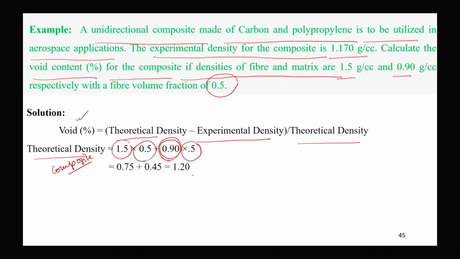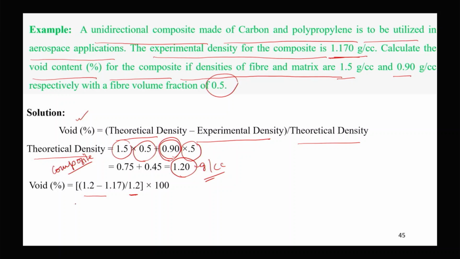The theoretical density of composite comes out to be 1.20. But here the experimental density of the composite is 1.170, which is lower than the theoretical density. So that means there will be some void present. So void content will be the difference in density divided by the theoretical density multiplied by 100.